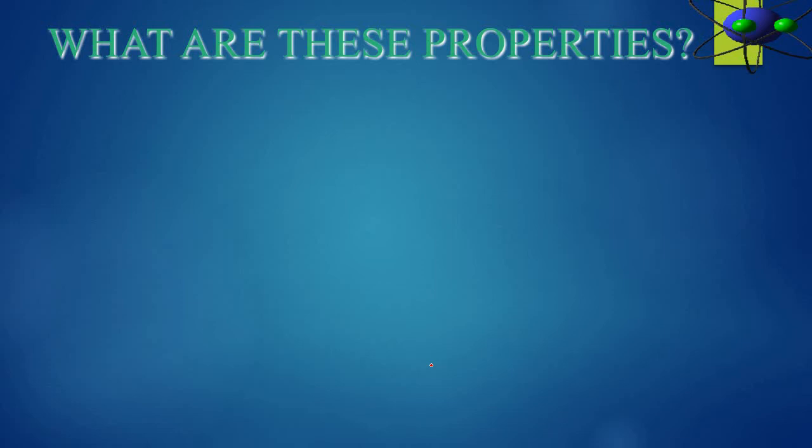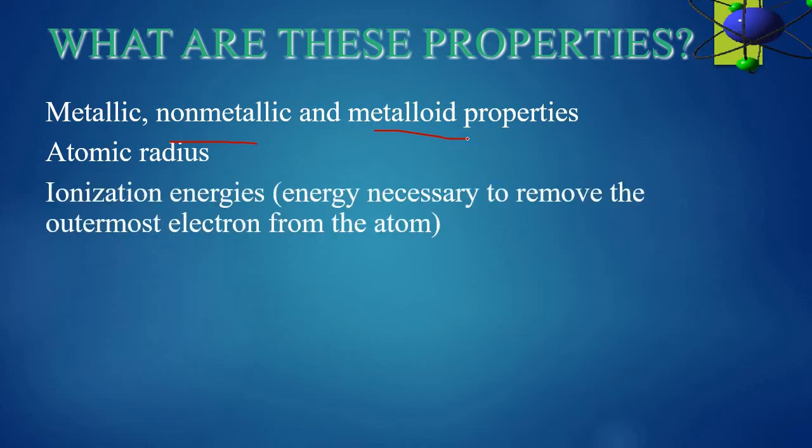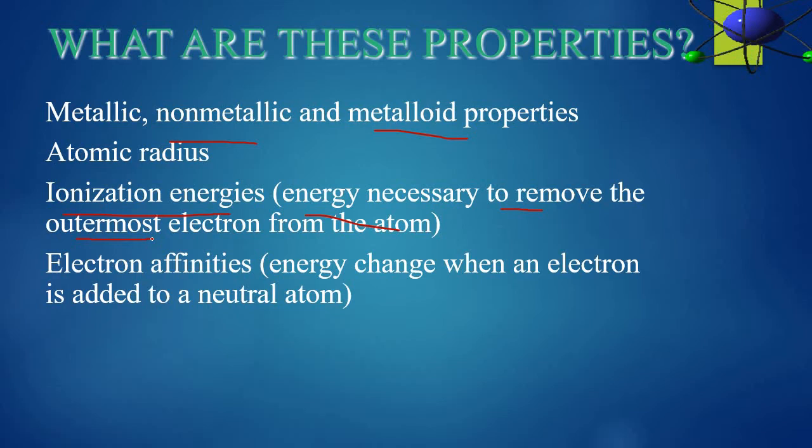Periodic properties include metallic, non-metallic and metalloid properties, and also atomic radius and ionization energies. Ionization energies are the energies necessary to remove the outermost electron from the atom. And electron affinities are the energy change when an electron is added to a neutral atom. Reactivity and electronegativity are also periodic properties.